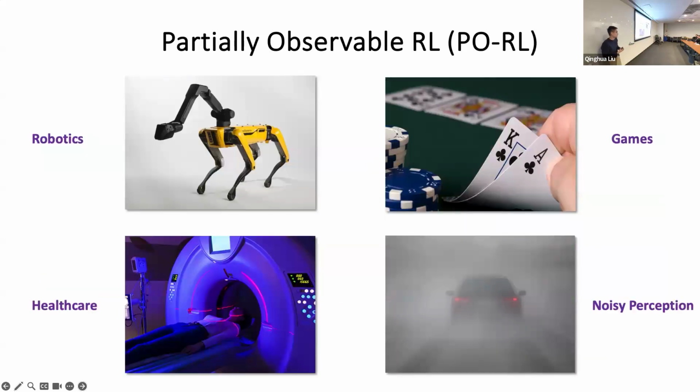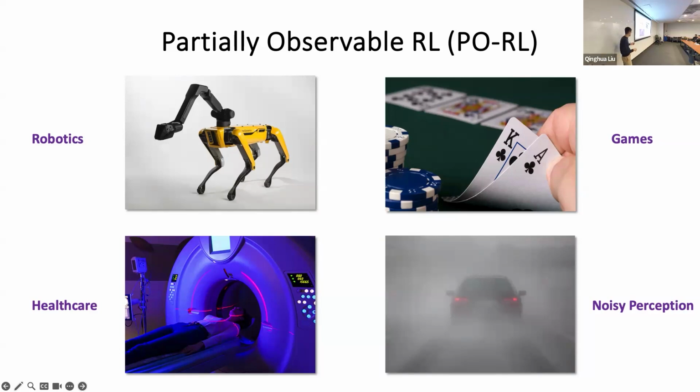On the other hand, there are some other tasks where the agent can only make some noisy observation or only observe an incomplete part of the environment state. For example, in robotics, a robot may only be able to observe a limited part of the environment due to occlusion or due to the limitation of hardware.